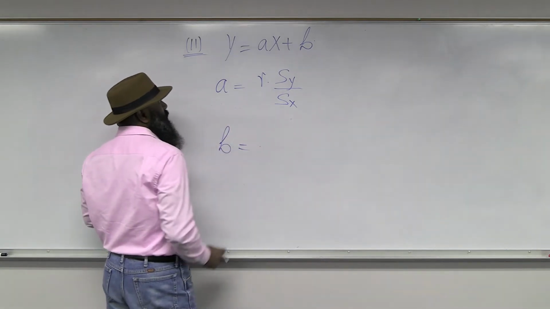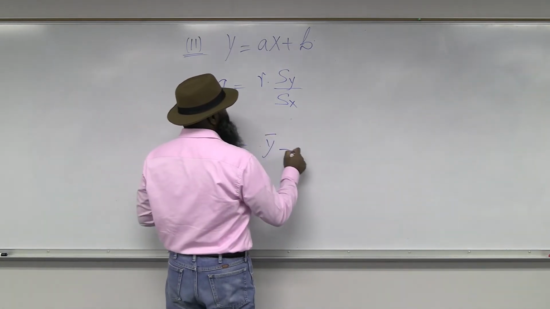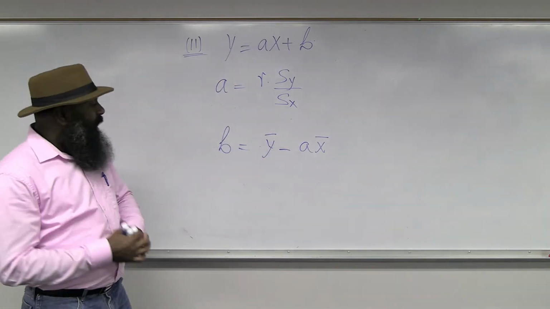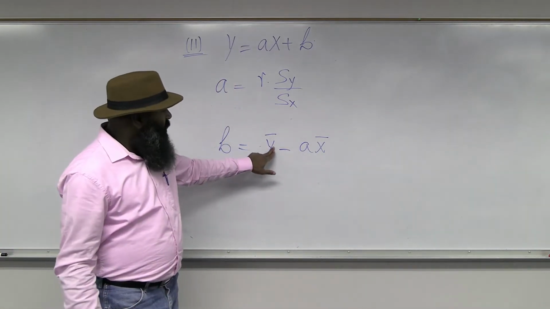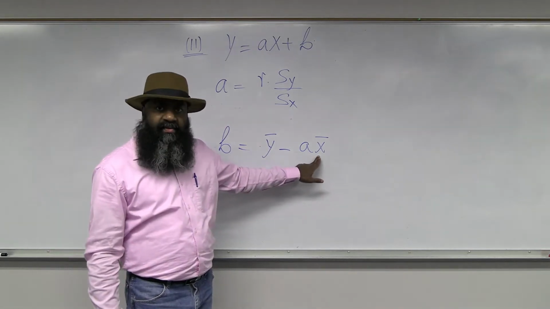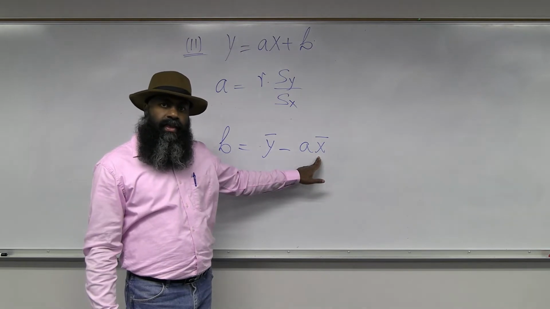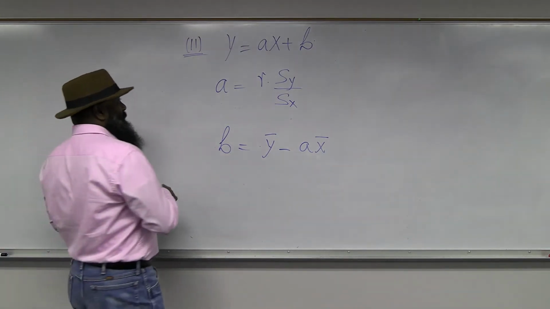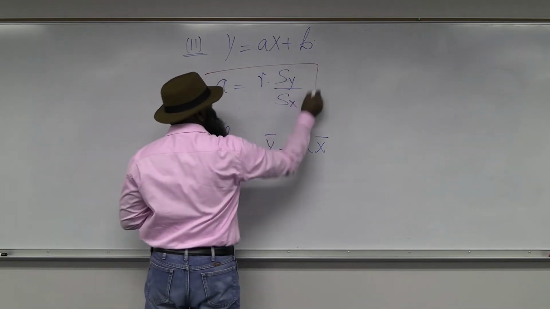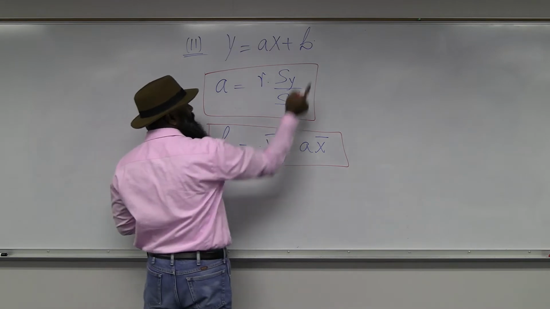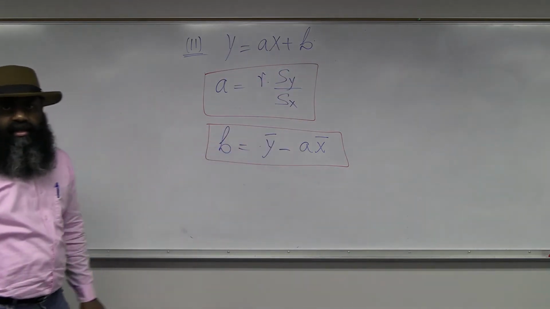B will be equal to y bar minus A x bar, where y bar is the mean of the y data points and x bar is the mean of the x data points. So when you have these two values, you can just plug those values into this equation and write it out.